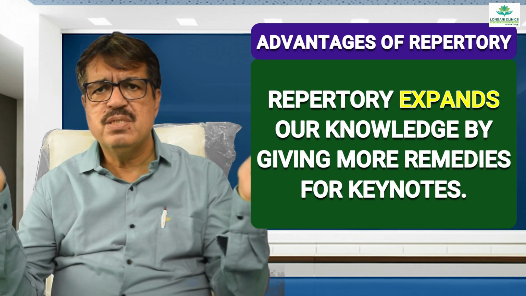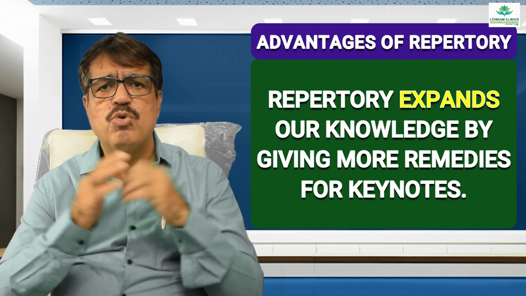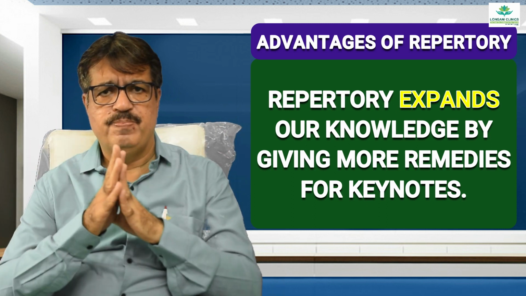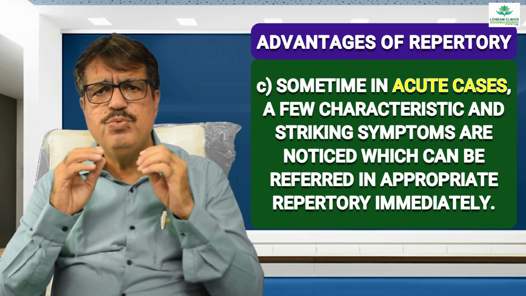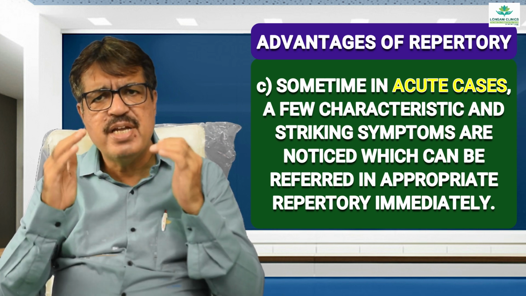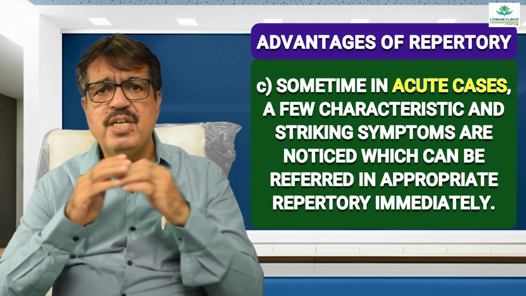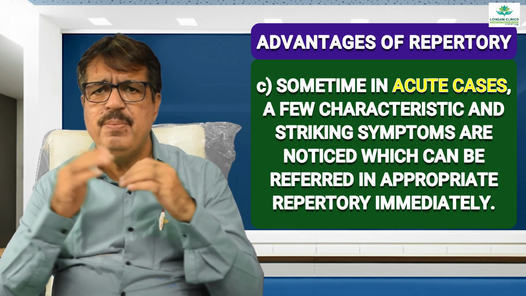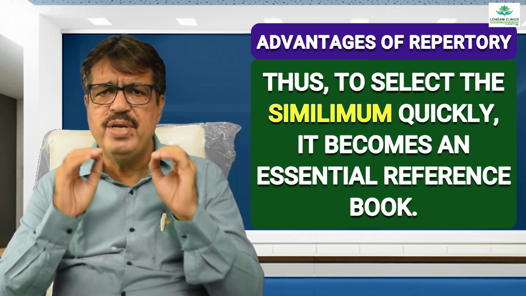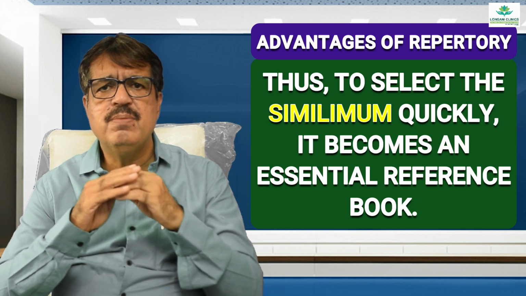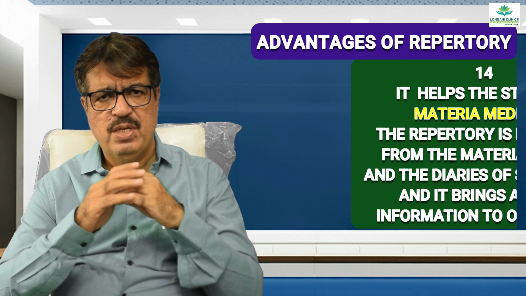Repertory expands our knowledge by giving more remedies for keynotes. Sometimes in acute cases, a few characteristic and striking symptoms are noticed, which can be referred in the appropriate repertory immediately. Thus, to select the SIMILIMUM quickly, it becomes an essential reference book.